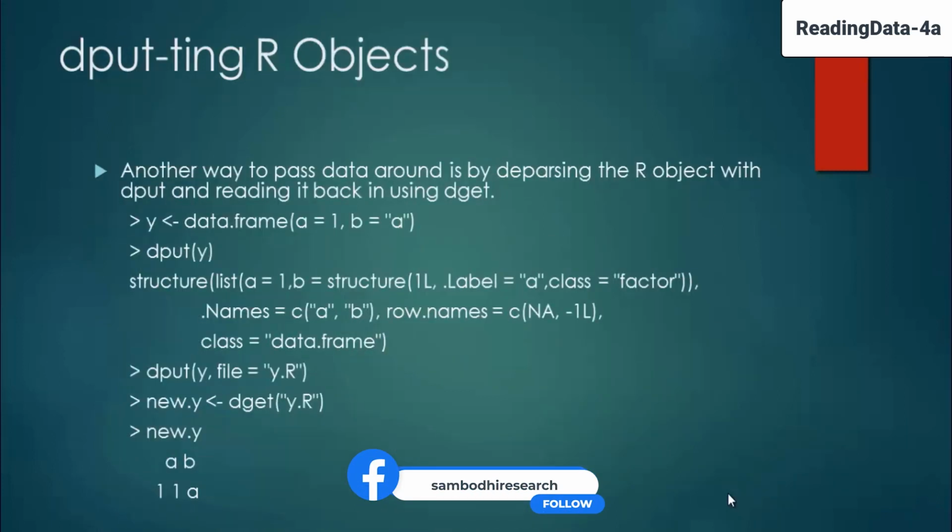so how to use dput on R objects? Let's say there is an R object and you want to deparse it using dput and read it back using dget. Dget is similar to read.table, only here the difference is you are just reading data, that's all. Let's follow this small example. Let's create a data frame with an integer and a character.